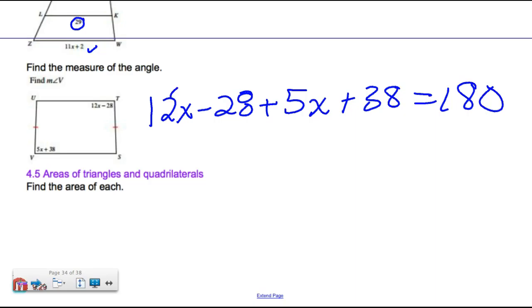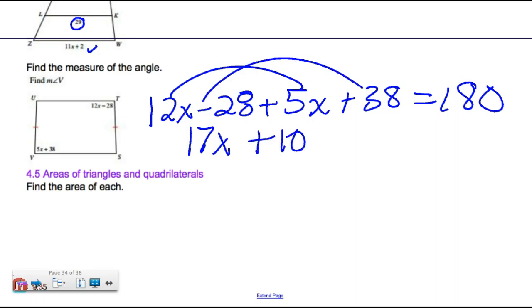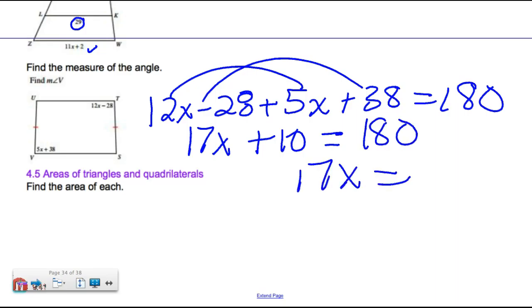And then again, we use some algebra. 17x, combining my like terms, plus 10 is equal to 180. 17x is equal to 170, giving me an x of 10.